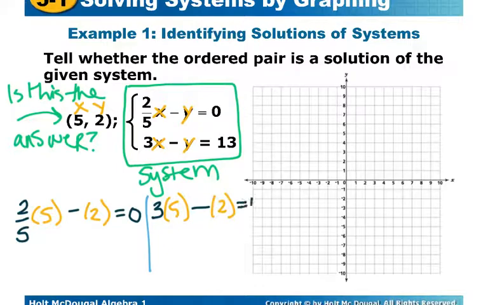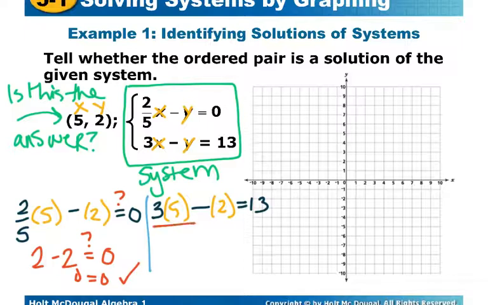And we'll see if that equals 13. So in this first set, 2/5 times 5 is actually 2. That's nice. So 2 minus 2, we're double checking, is that 0? It turns out it is. 0 is 0, and so that one works.